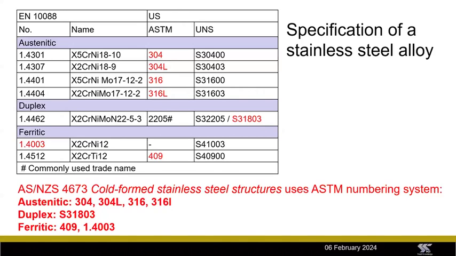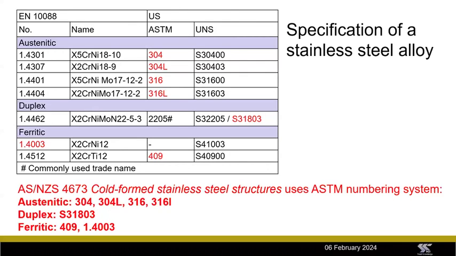For the duplex alloy covered in your standard, it actually uses the UNS, Unified Numbering System, which has the S at the beginning, I think because it's steel, or stainless steel. I can't remember. Steel, I think. And your standard uses that because there isn't an ASTM official number for this particular alloy. It's a commonly used trade name, so it makes sense that they decided to use the UNS.